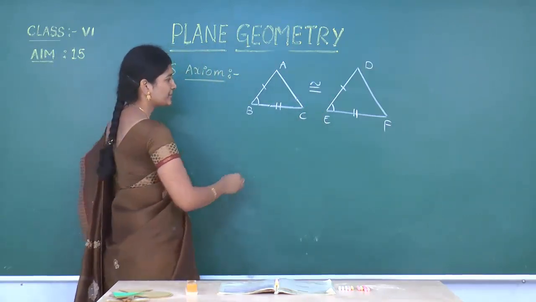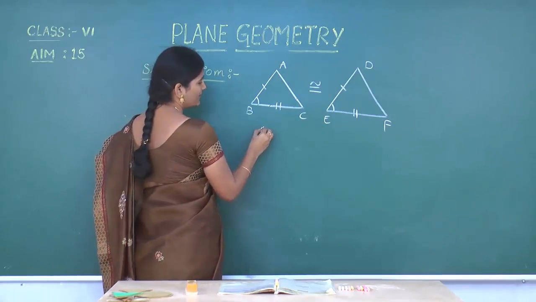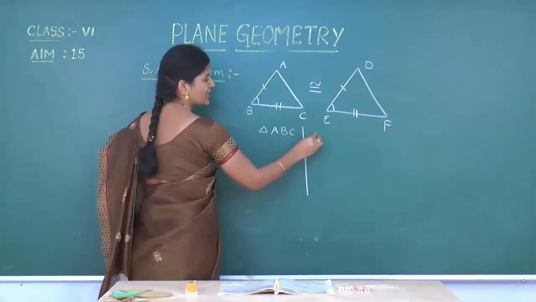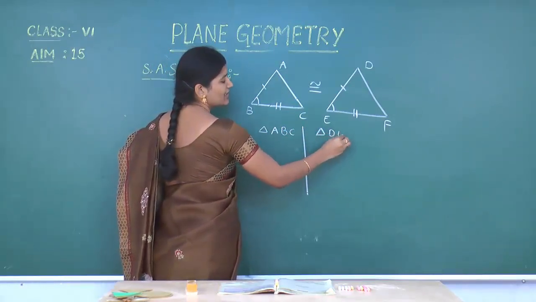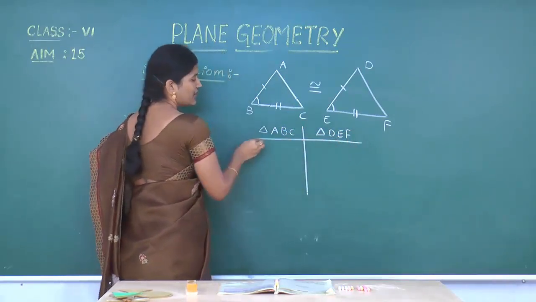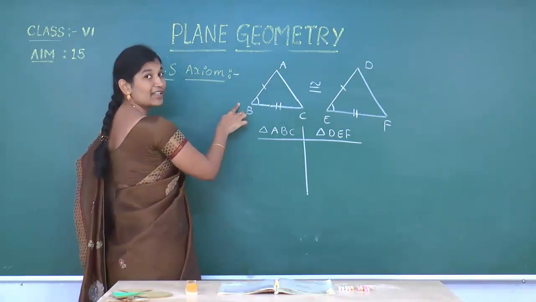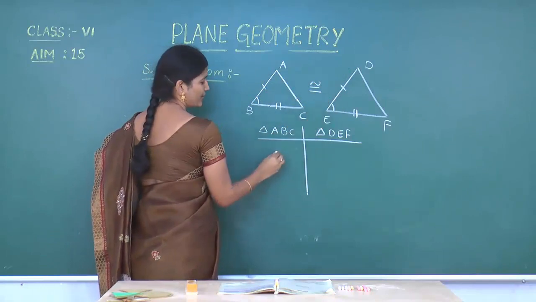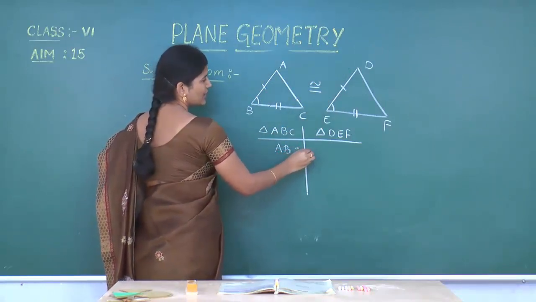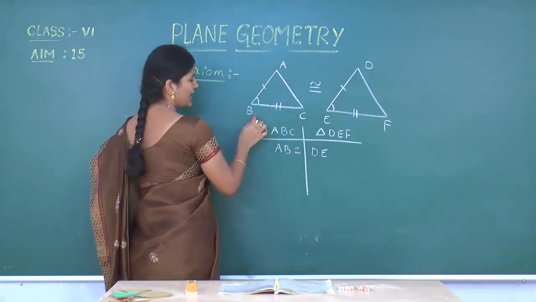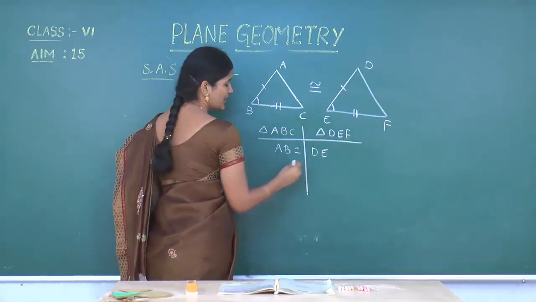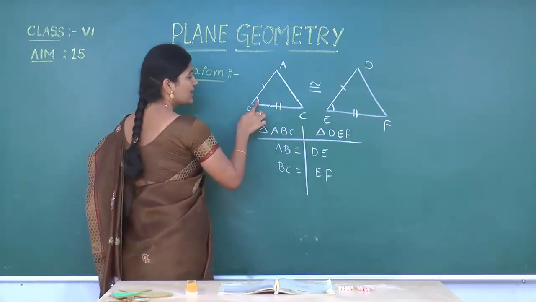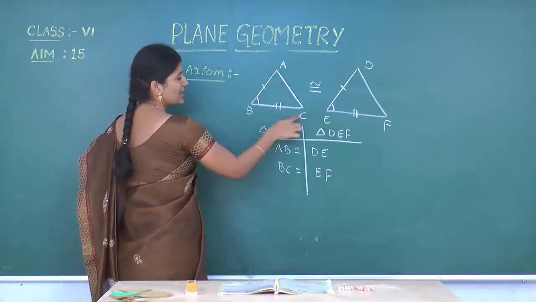Let me show you in tabular form. Here I am writing triangle ABC and here triangle DEF. And see which sides: AB is equal to DE, and next BC is equal to EF. And the included angle is angle ABC.